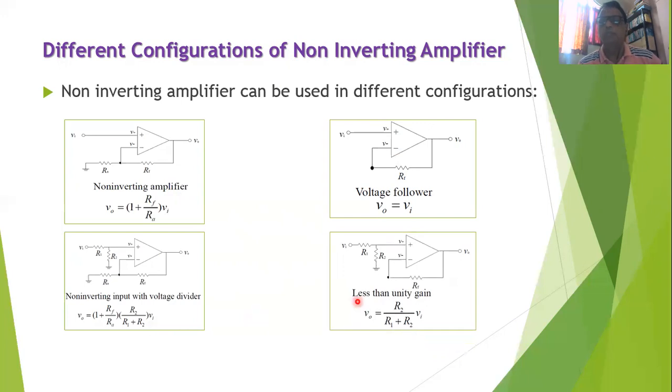When we want to achieve a gain less than unity, we can make the adjustment in the circuit as shown in this diagram. In this case, you can easily observe that the output voltage of the non-inverting amplifier can be written as VO is equal to R2 divided by R1 plus R2 into VI.